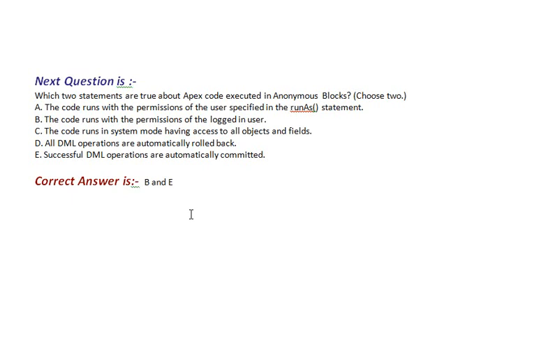Option C, the code runs in system mode having access to all objects and fields. Option D, all DML operations are automatically rolled back. And option E, successful DML operations are automatically committed. The correct answers are option B and E.